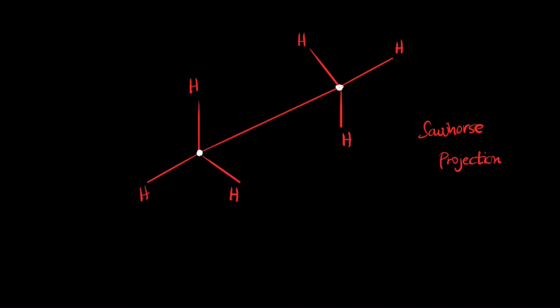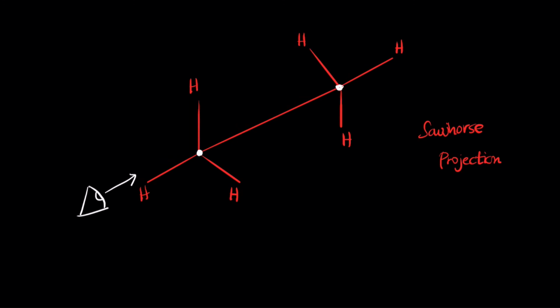So what we are doing in a Newman projection is looking at the molecule in a certain direction. Here we are looking at the molecule like this. When you look at it like this, what is going to happen?